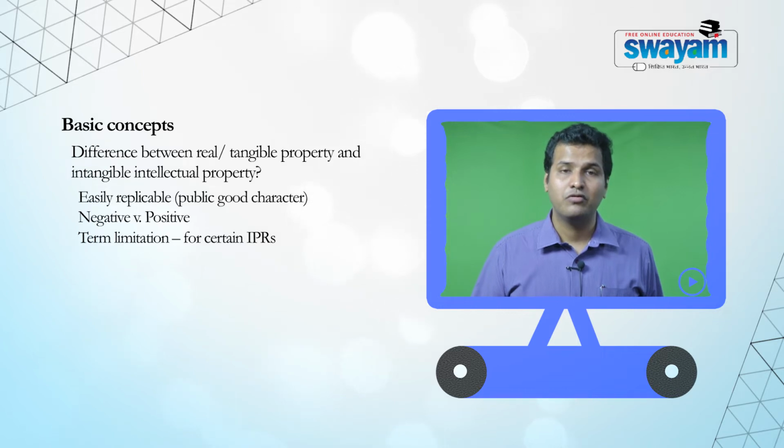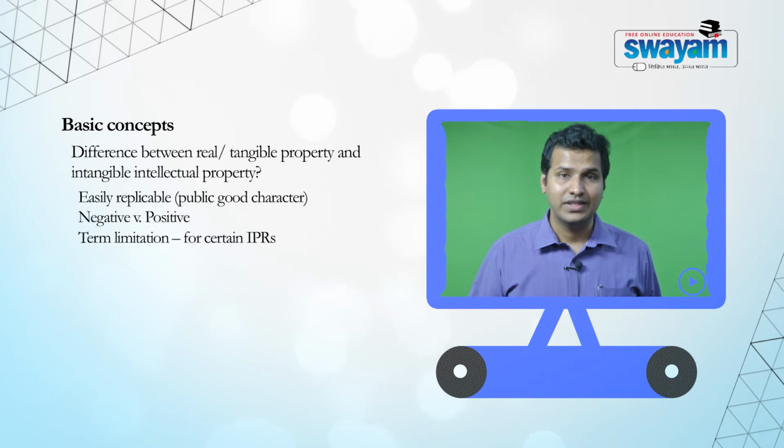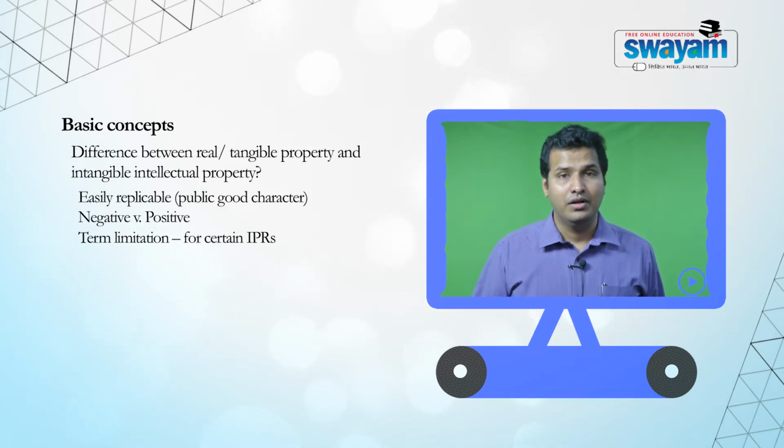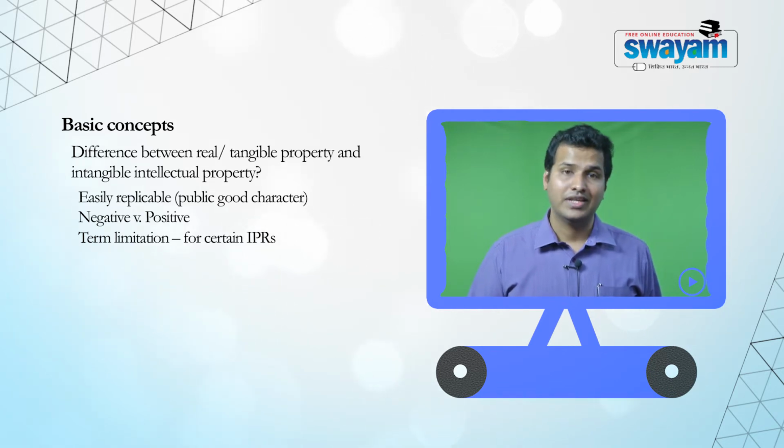That is why the term duration for patents is limited to 20 years. For copyright in India it is life plus 60 years, and for industrial designs it may vary from country to country from 10 to 15 or 20 years. So, it is specific in time.